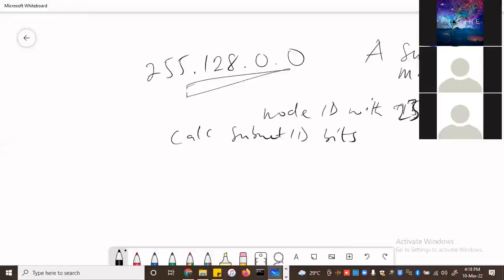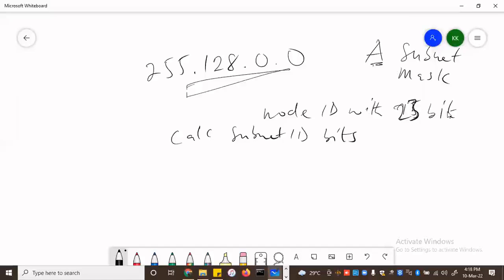It's a simple concept. Remember, it says a class A subnet mask. So technically, your full node bits should have been 24 in total.